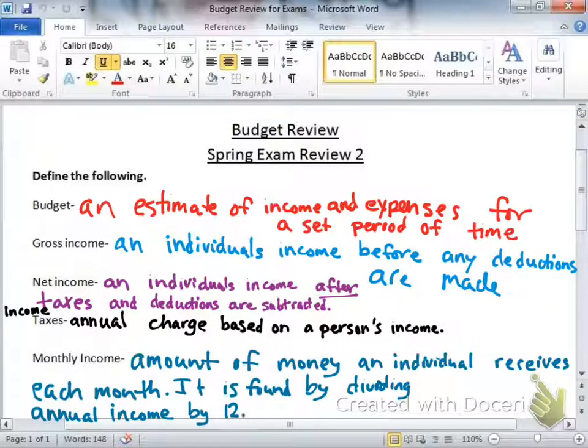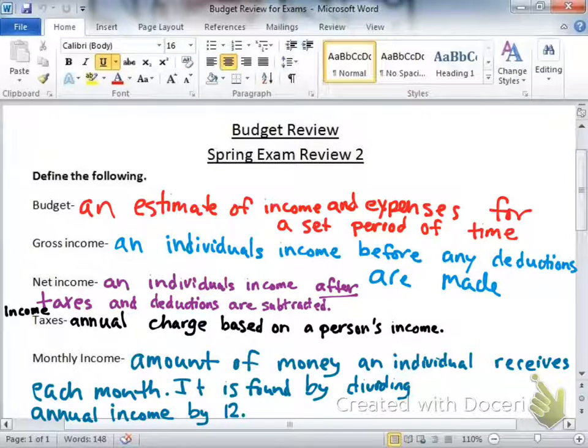Now, for your projects, we divided the net income by 12. You could find your gross monthly income if you want. You just divide the gross income by 12. So you could do gross monthly income. You can do net monthly income. It just depends which one you're looking for. It is found by dividing annual income by 12.